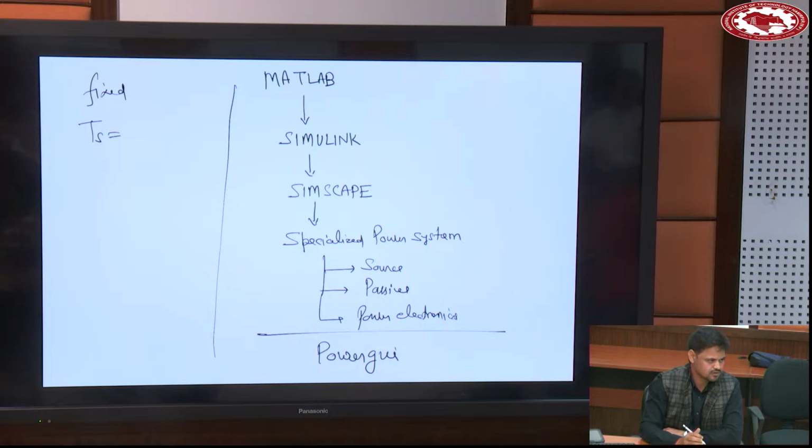We do not need a specific solver. And the sampling time will be 1e minus 6. Click on Power GUI, select discrete, put Ts to be 1e minus 6. All settings are done.